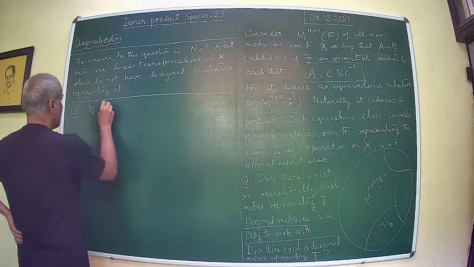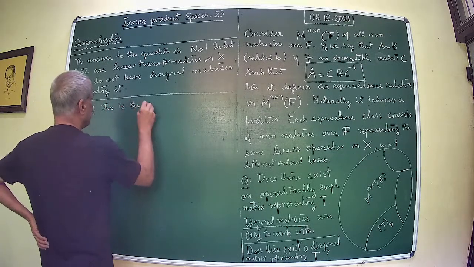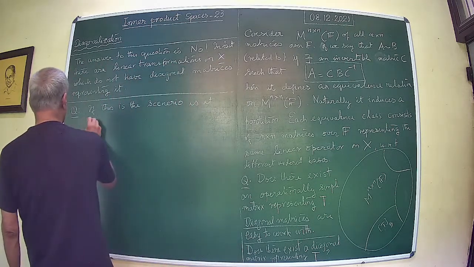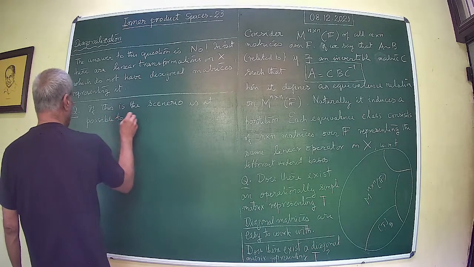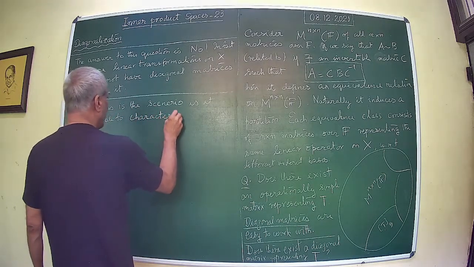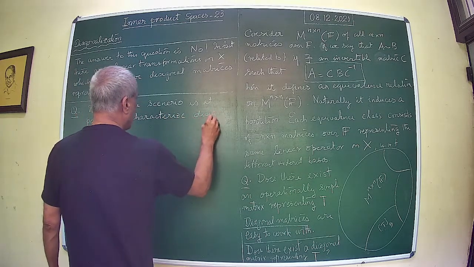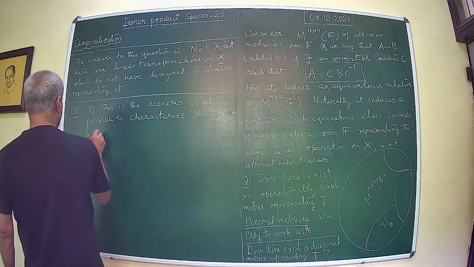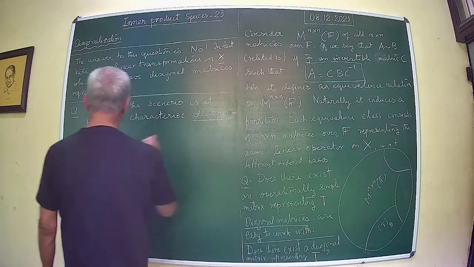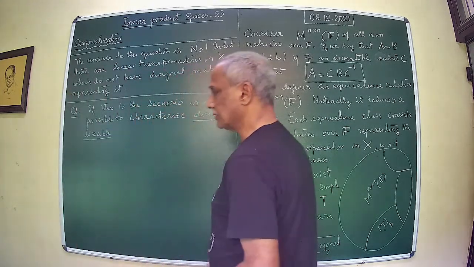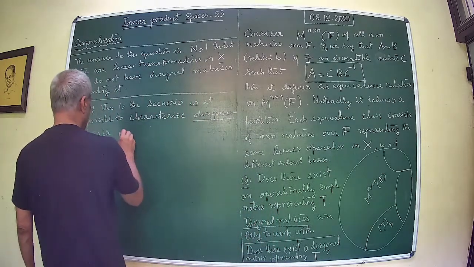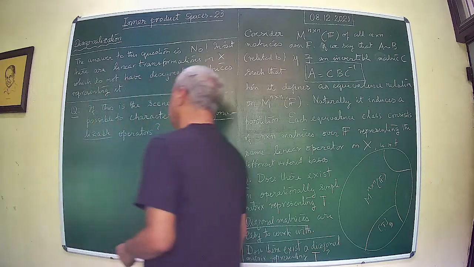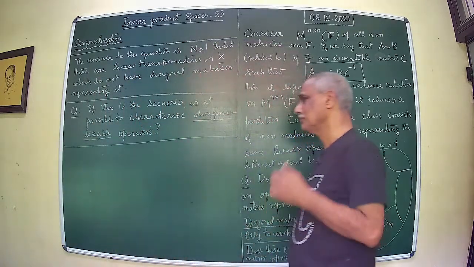If this is the scenario, is it possible to say that T is diagonalizable, which means it has a diagonal representation. This is the central problem. Okay.